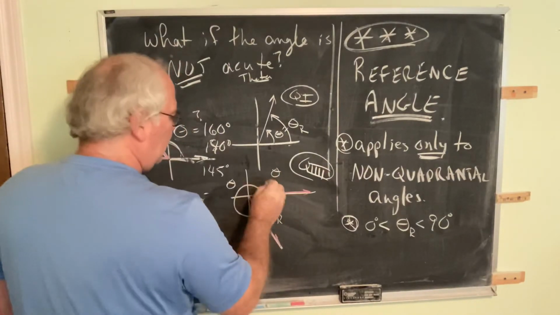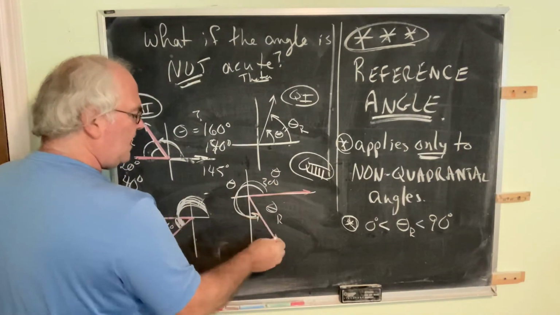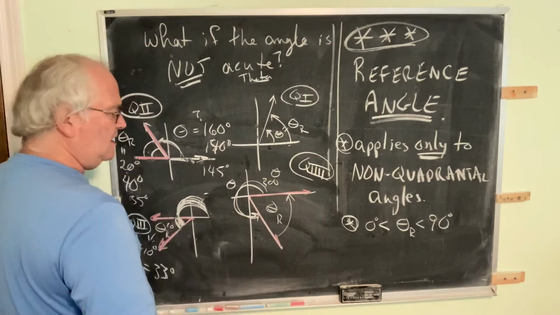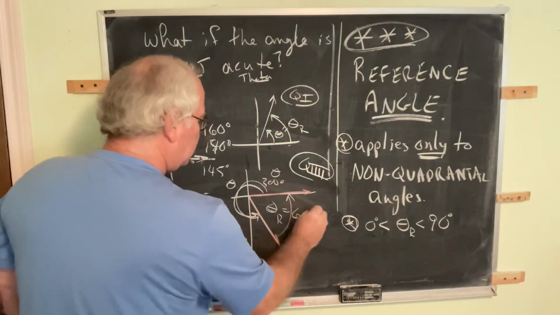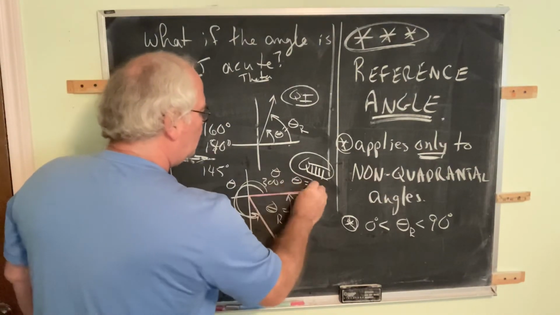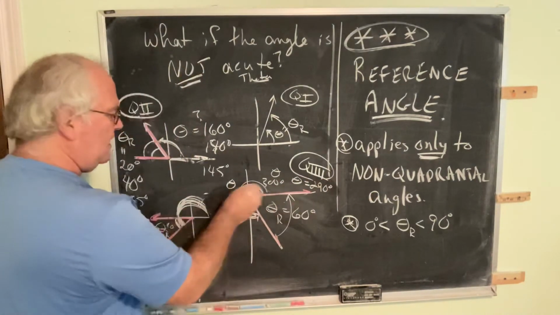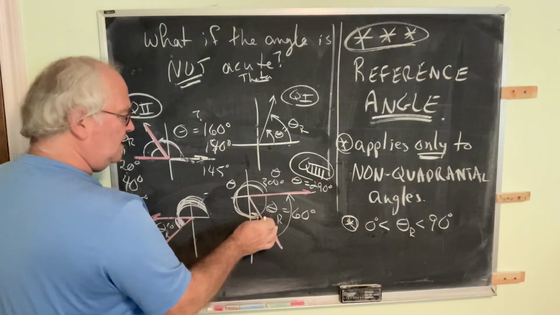If theta is 300, how much more do you need to make 360? Well, theta reference then would be 60 degrees. If theta is given to be 290 degrees, how much more do you need to make 360?